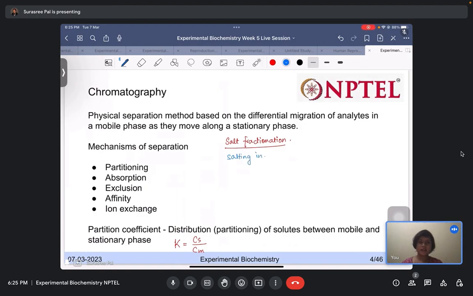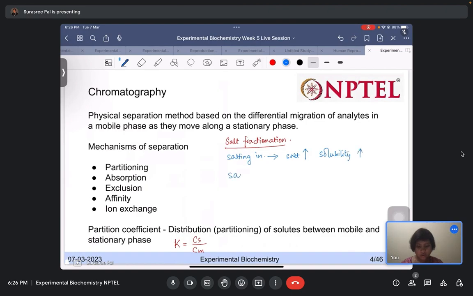Salting in is the event when you increase the salt concentration, and it increases the solubility of the protein. Salt concentration increases, solubility of the protein also increases.